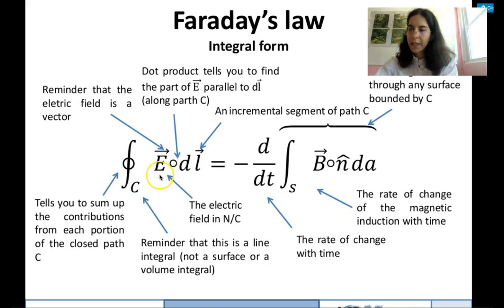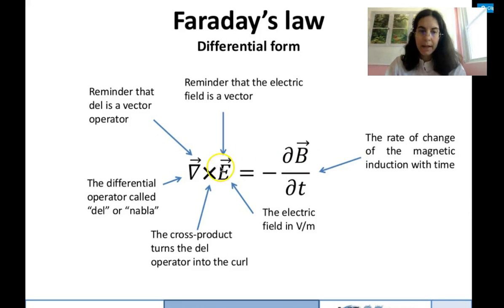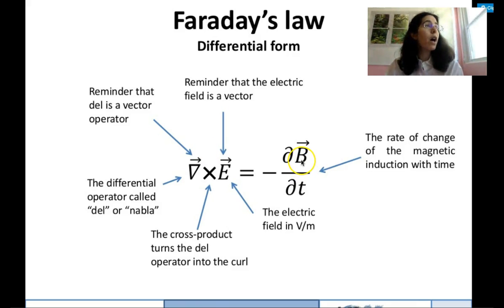Electric field that changes over space will, over time, change the magnetic induction, B dot dA. The curl of the field is going to involve a change in magnetic field over time.